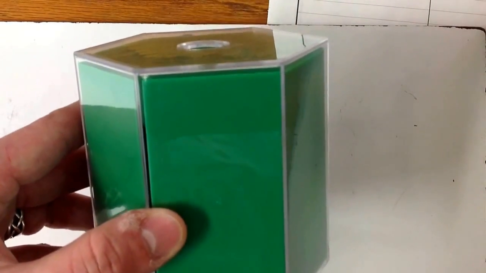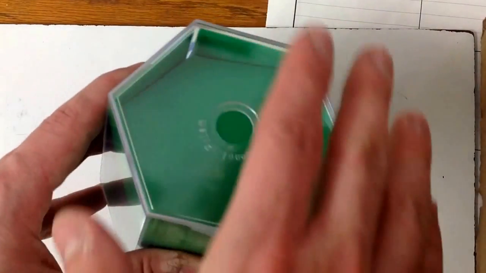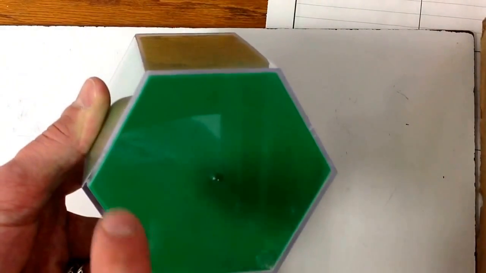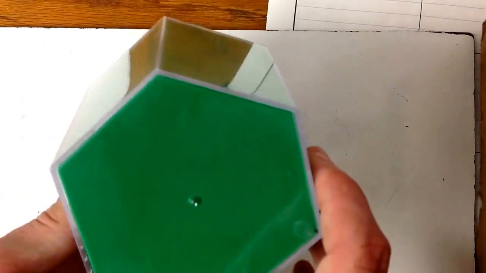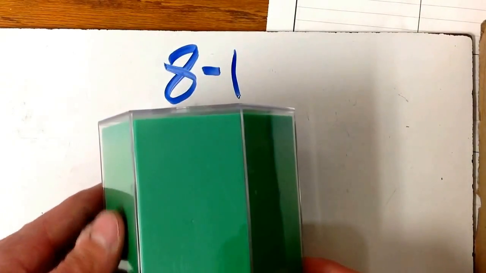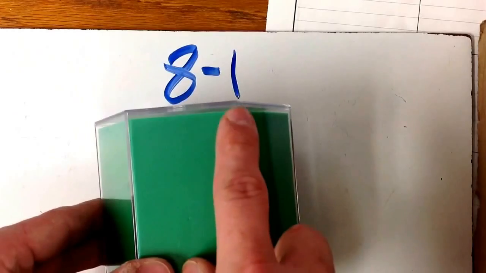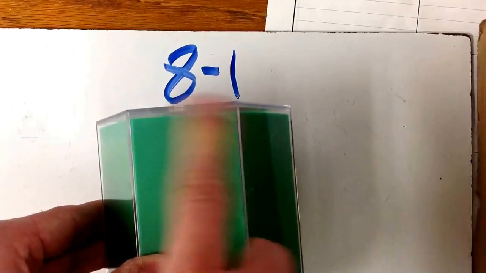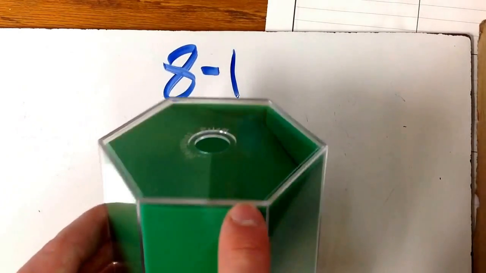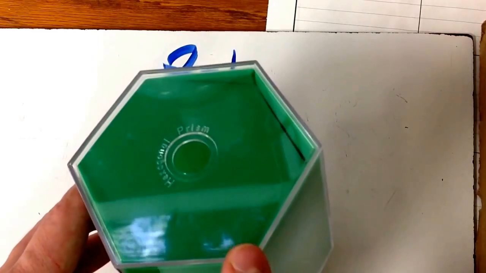Now in all the prisms, you're going to notice that the bases can be whatever shape they need to be, however many sides they have. The lateral faces will always be rectangles in prisms. So we've had a lateral edge, lateral face, base edge, our base right here, and our vertex.